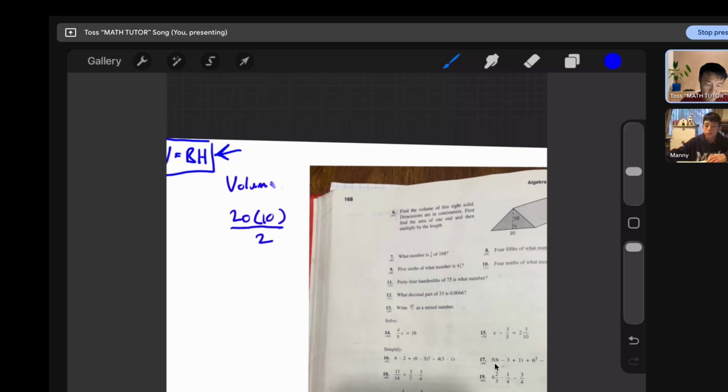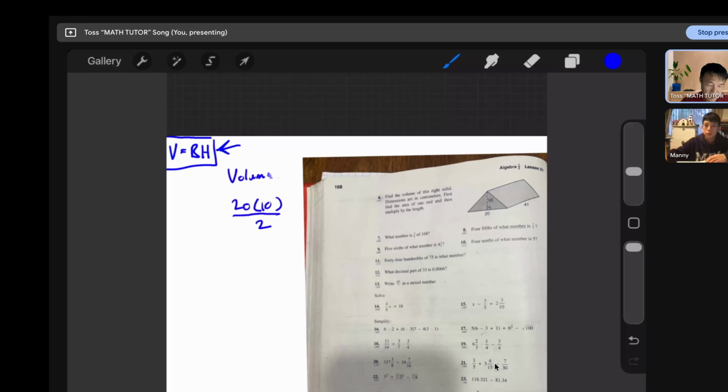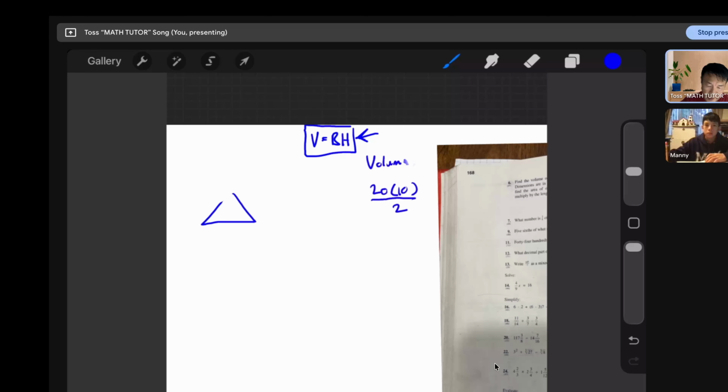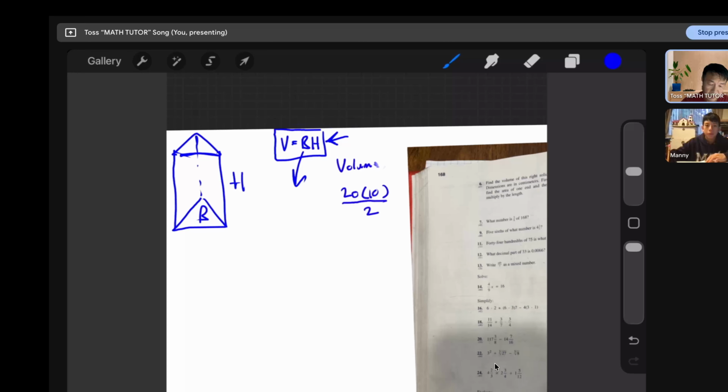This one is a triangular prism, if you want to be technical. If I were to stand up that tent, this could be the base and this could be the height. But the base is this whole thing right here. The base is the area itself.